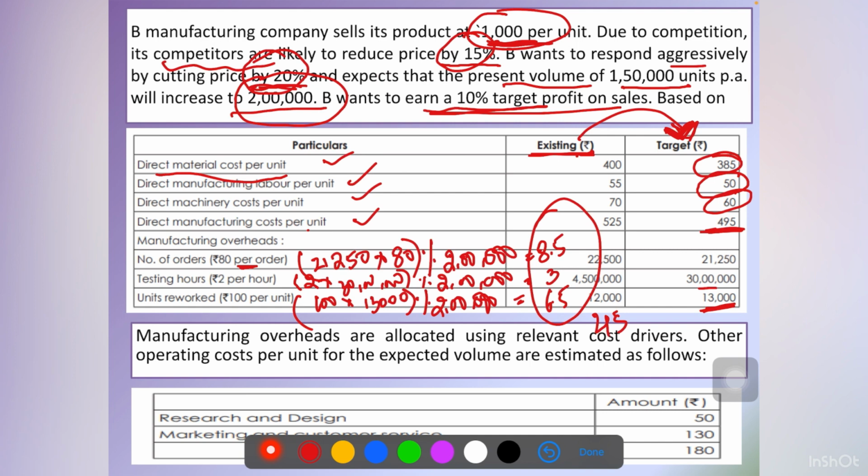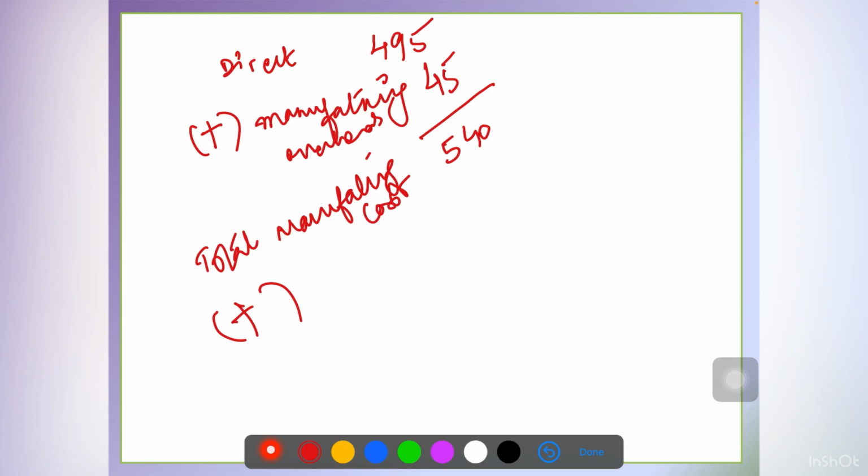First is research and design cost, that is 50, and marketing and customer service, that is 130. So I'm going to add this. The total of 50 and 130 is 180. So I add 180 to this. Now my cost is a total of 720. That we have already computed, right? Clear to you guys? Alright.